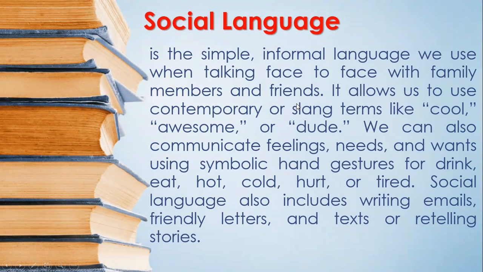In other words, these are the common or generic language or vocabulary that we often use in an informal context or setup. Words such as cool, awesome, dude, etc. These are examples of social language.